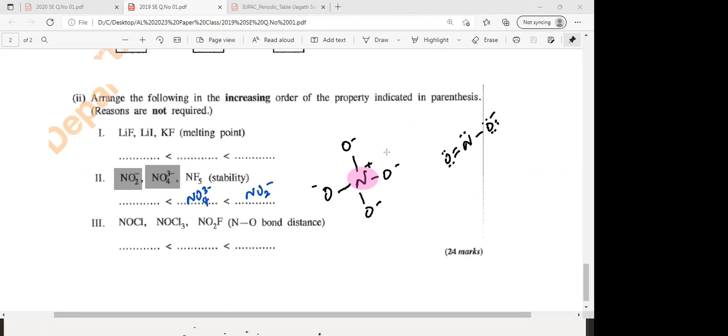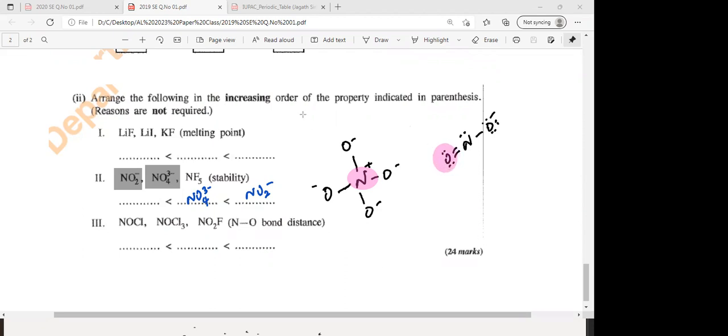And the other one has a dative bond also, and more formal charges, plus there's a positive formal charge on the nitrogen atom, and at least one oxygen with a double bond.